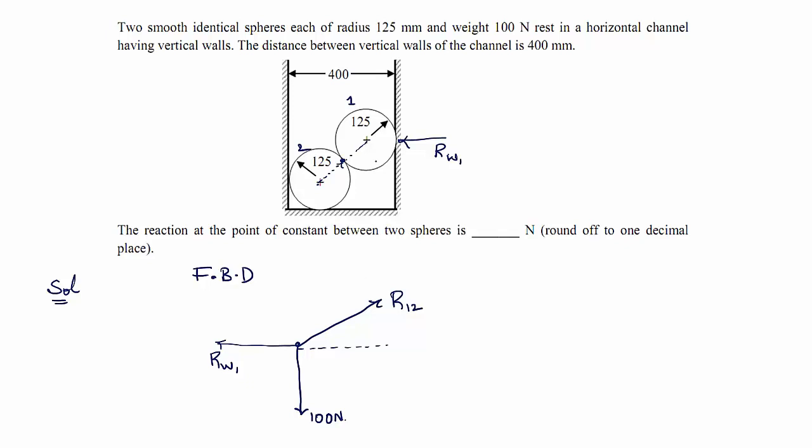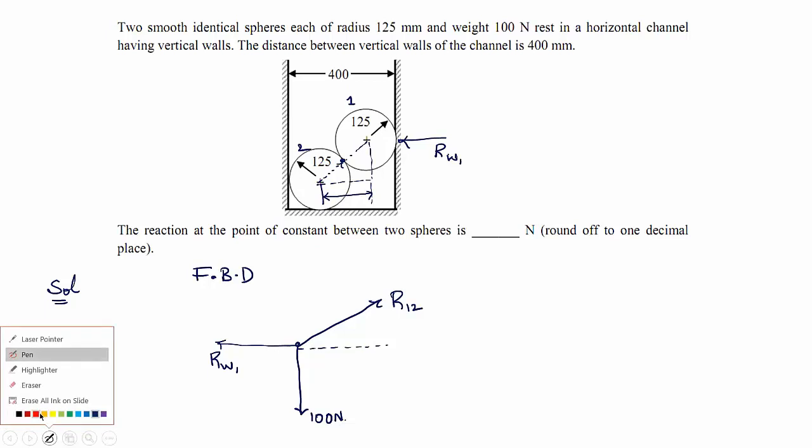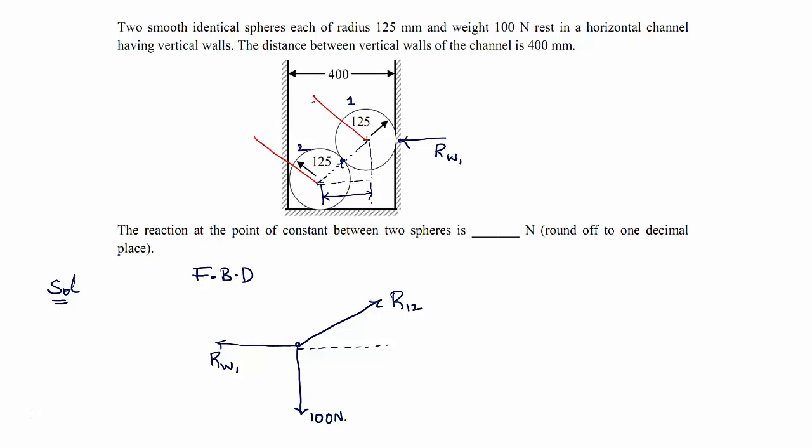As you can see, the radius is 125, so the total is 250. This side I need to calculate, and it is equal to 400 minus 125 minus 125, that is 400 minus 250, which is equal to 150.